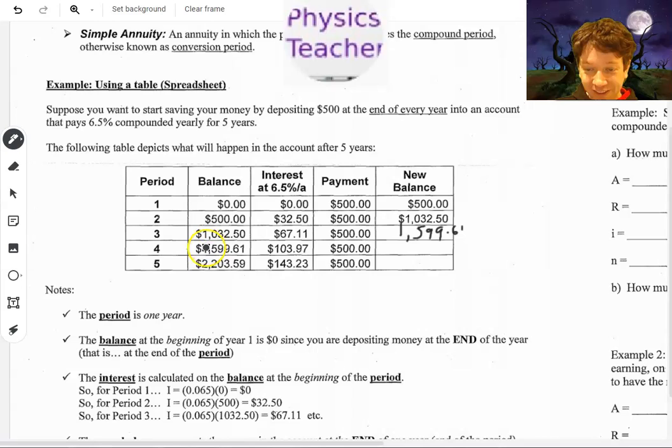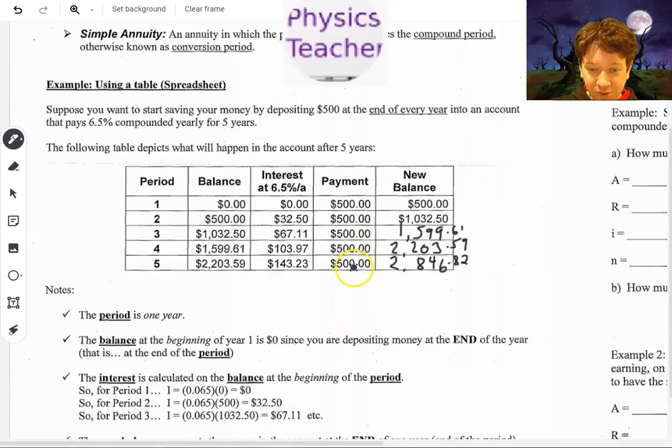Interest calculated on this amount is this. We make another payment, and now we have $2,203.59. And we just keep going, so at the end of the fifth year, we are left with a total of $2,846.82.